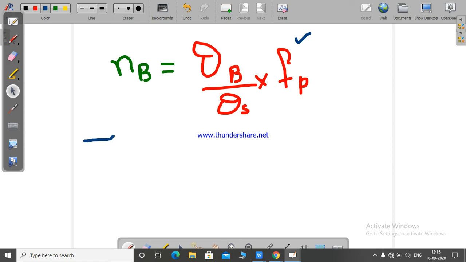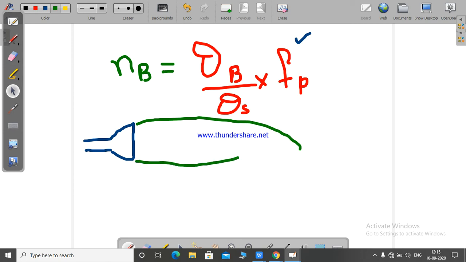For example, if you are taking a horn antenna, like this, the horn antenna transmits some electromagnetic energy, then this is the beam.